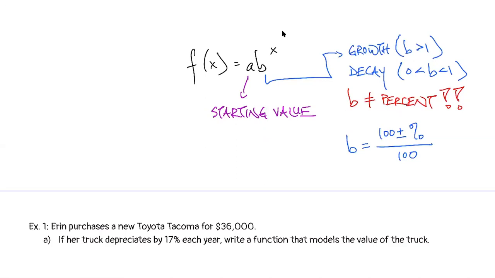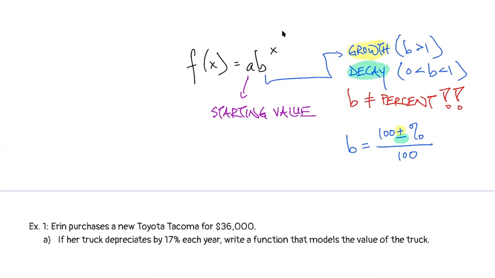You're going to choose. So if you have a growth situation, you're going to choose to add the percent to 100. However, if you have a decay situation, you're going to choose to subtract the percent.